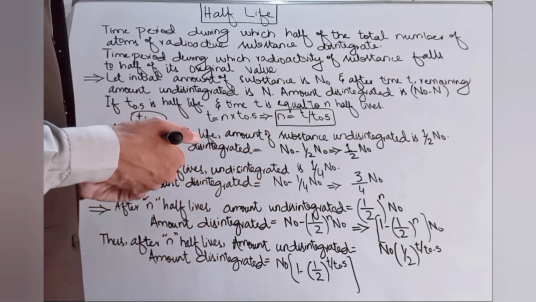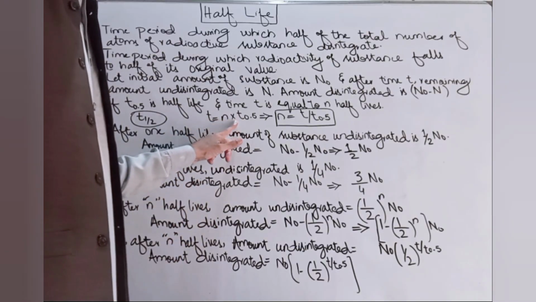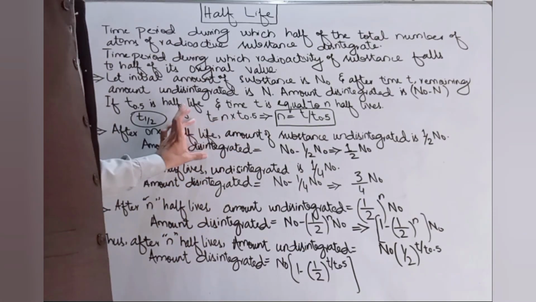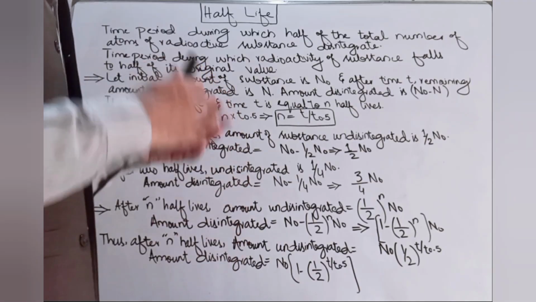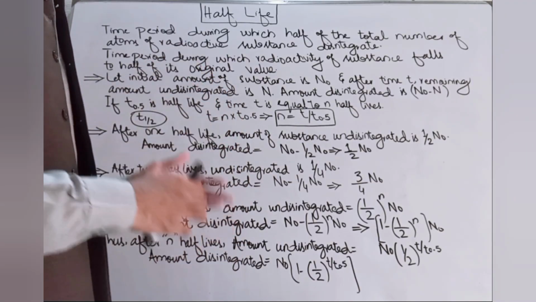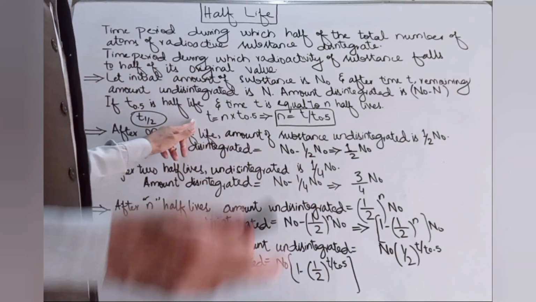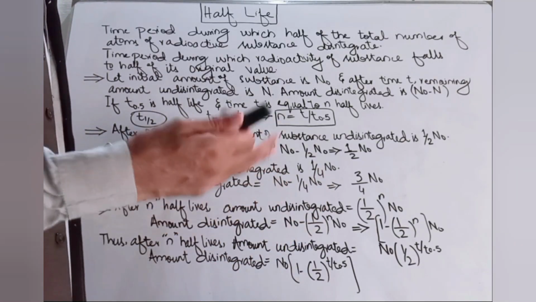We will use this factor n later. After one half-life, the amount of substance undisintegrated is 1/2 N0. As in the example, if the number of atoms at the start is 1000, after one half-life the number of atoms remaining would be 500, one half of the number at the start.